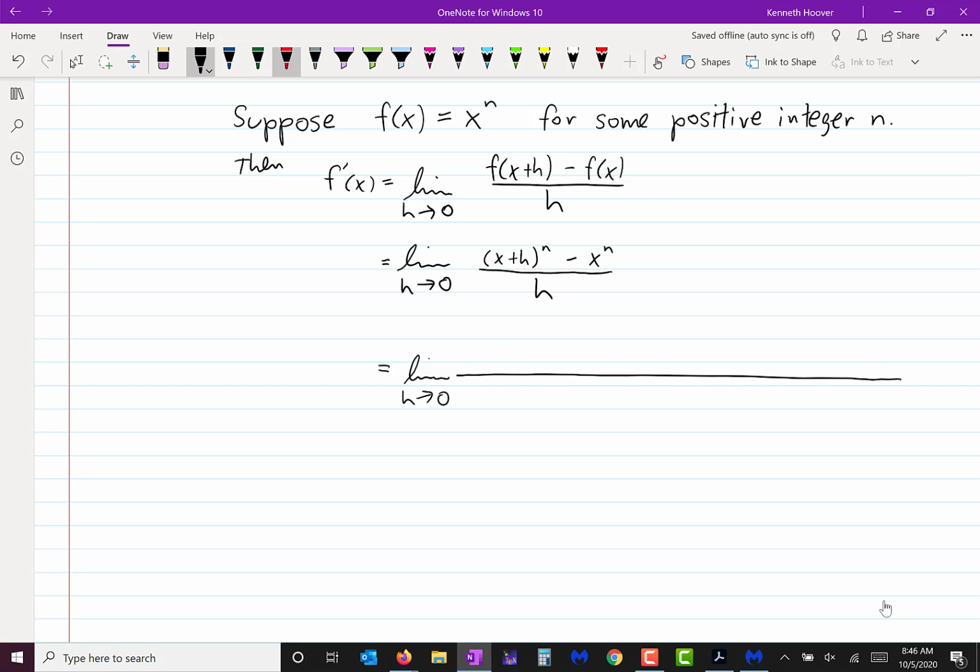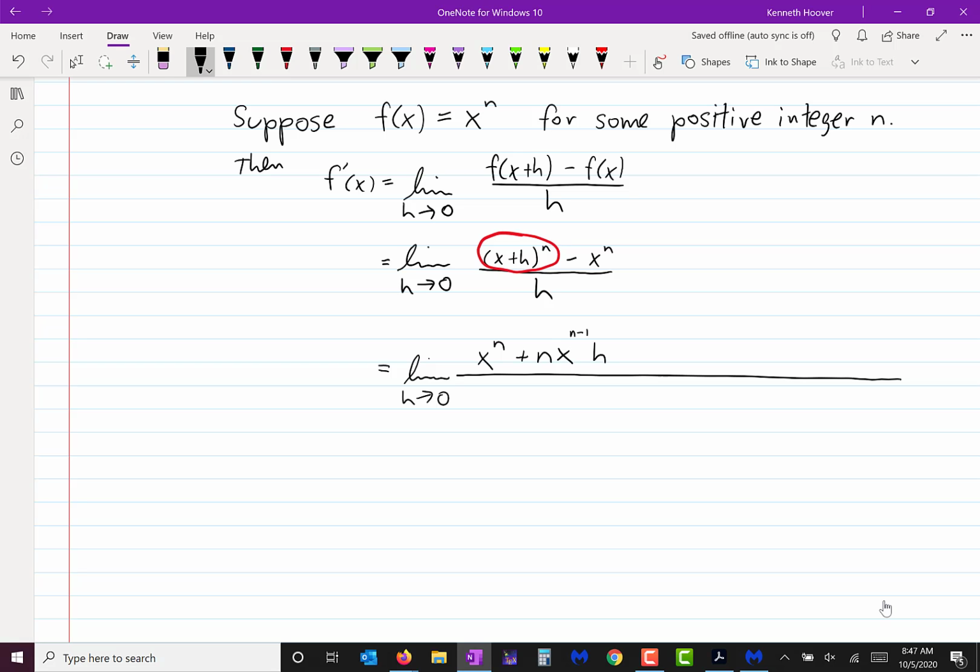Okay, so again, I'm just looking at this part right here. I can tell you that that is always going to start out with an x to the n. And then the next term is always going to be n times x to the power n minus 1 times h.